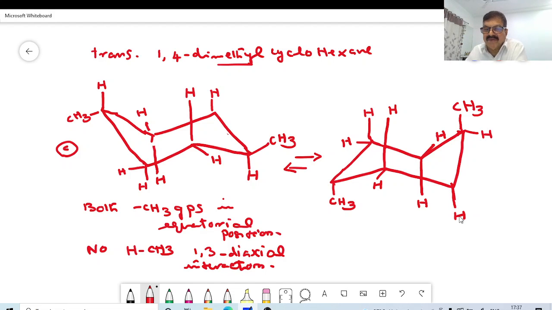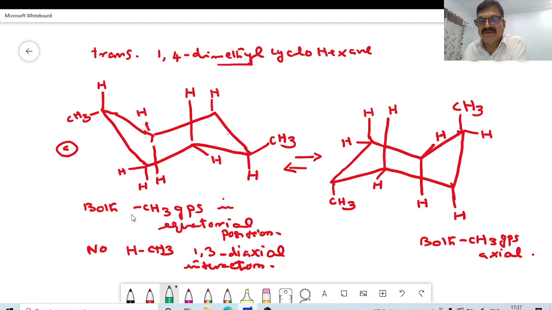These are the other trans conformations. So both methyl groups are axial in trans 1,4-dimethyl cyclohexane. So many interactions will be there.